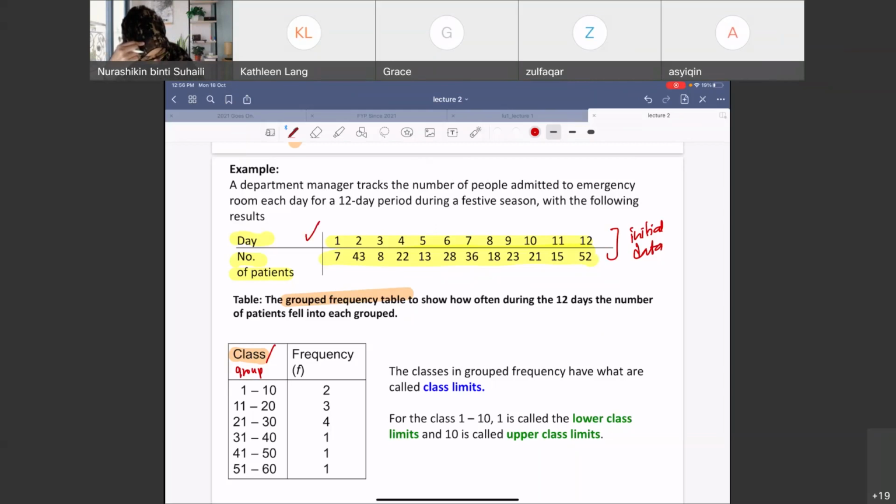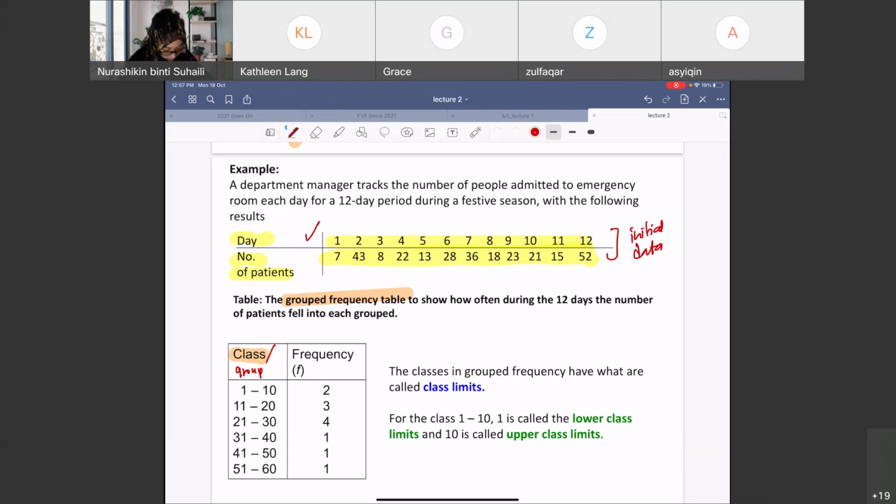What is this? One to 10. Is it related to this one? 12-day period. It's not related. Sorry, I don't think these two things are related. A department manager tracks the number of people admitted to emergency for a 12-day period with the following results.